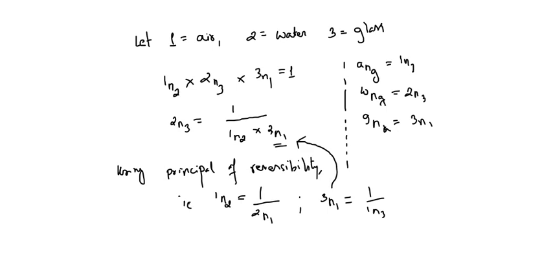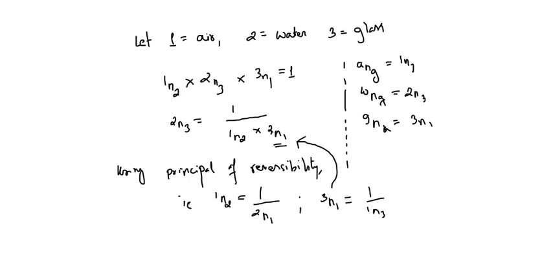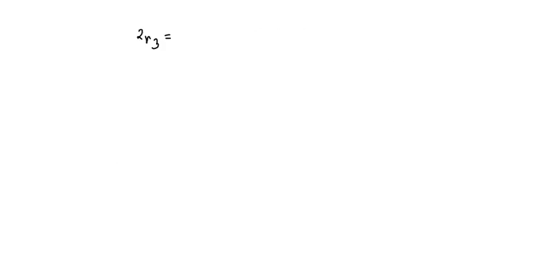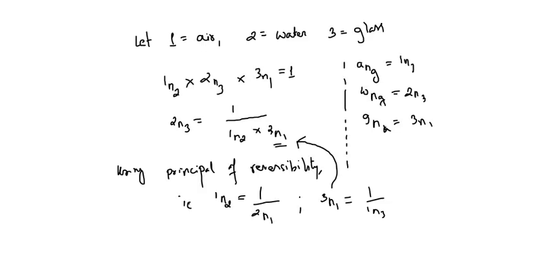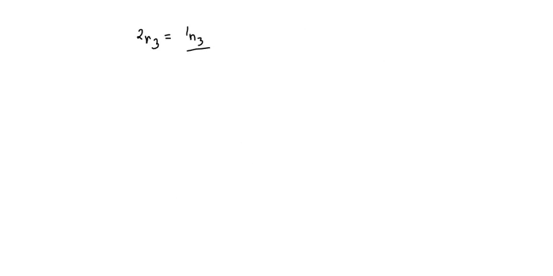then the relation becomes 2n3 is equal to 1n3 divided by 1n2.